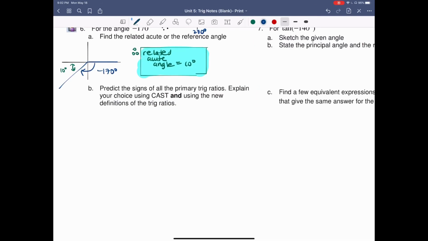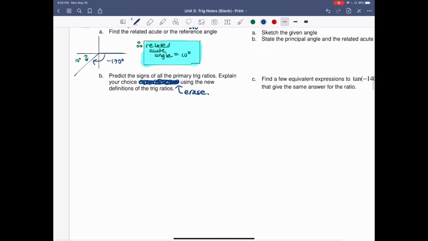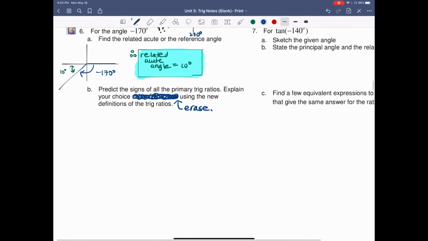Part B, I am going to erase the part, which is this, and keep going from there. I'm going to go from the fact that you don't know the CAS rule and just interpret this question that way. So it says, predict the signs of all the primary trig ratios, explain your choice using the new definitions of the trig ratios.